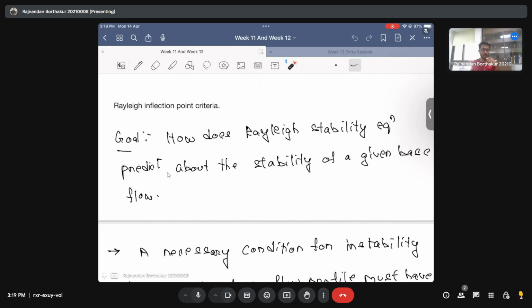One such criterion, which we discussed a little and will take up from today, is known as the Rayleigh inflection point criterion, where the goal was to see how the Rayleigh stability equation assesses the stability of a given base flow.